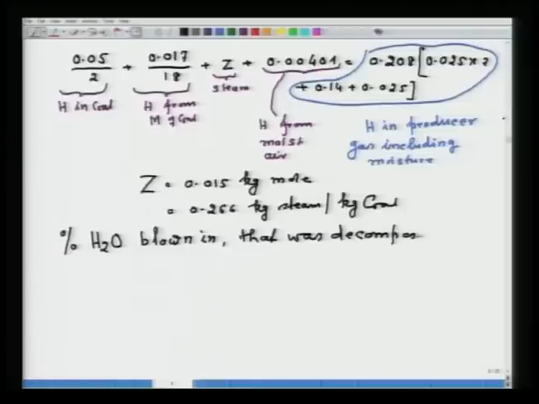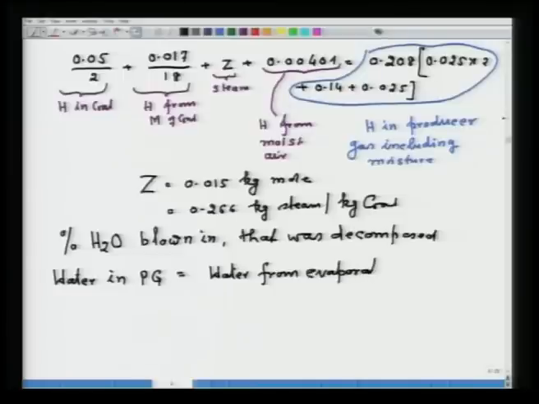Now, that simply means whatever steam decomposes is available to you in the form of hydrogen or CH4 and so on. So, we can do that balance: water in producer gas, or steam or moisture in producer gas, is equal to water from evaporation of coal, plus undecomposed steam, because that will also enter as water in the producer gas.